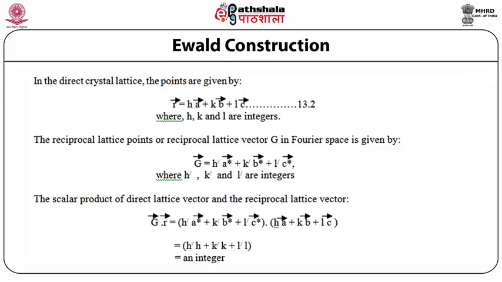The scalar product of direct lattice vector and the reciprocal lattice vector, G vector dot R vector, is equal to H prime A star vector plus K prime B star vector plus L prime C star vector dot H A vector plus K B vector plus L C vector, which is equal to H prime H plus K prime K plus L prime L, which is also an integer.